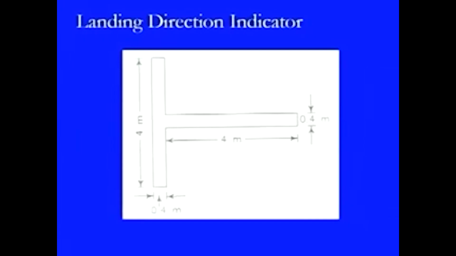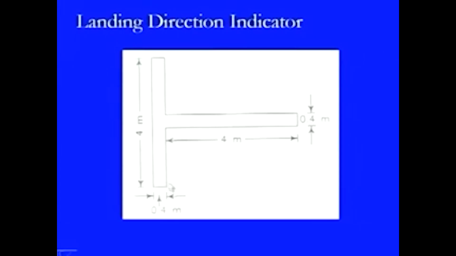This is the T-shape landing direction indicator which needs to be provided in some of the cases. In that case, there will be an encircling circle like this, and that circle will be cut off at uniform distances.